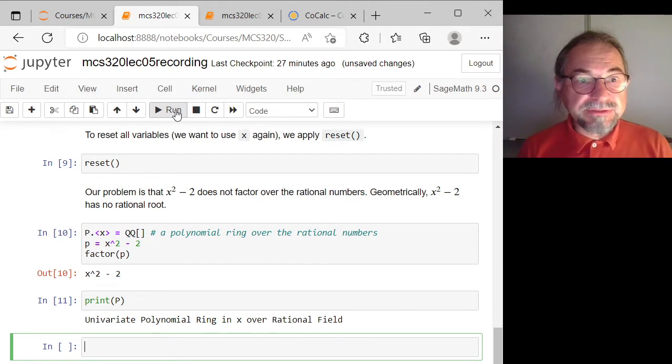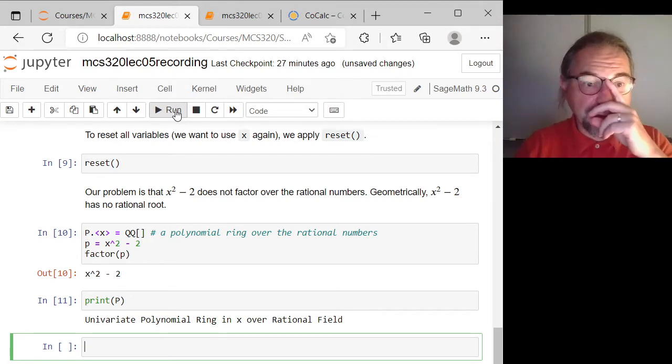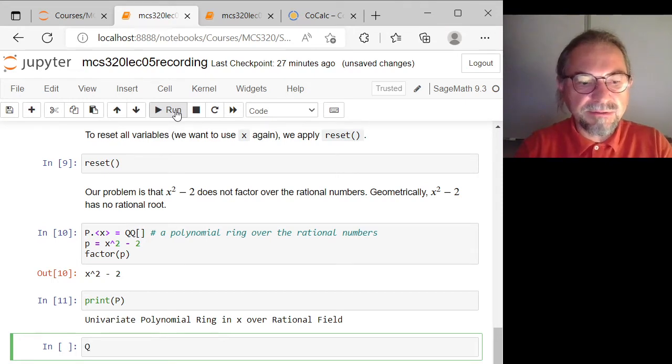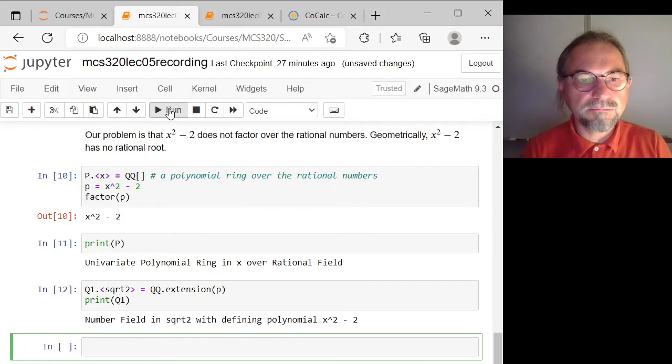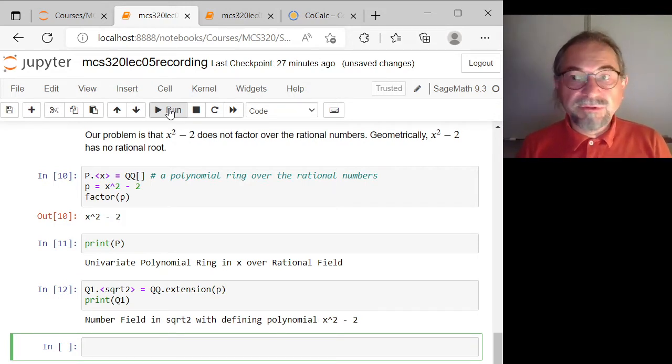Okay, so now comes it. So I have the extension. So I'm going to build an extension of the field Q using the symbol. I could use the symbol R, but I feel a little bit verbose, so I'm going to do the extension with the little p. So it's now a number field in my symbol.